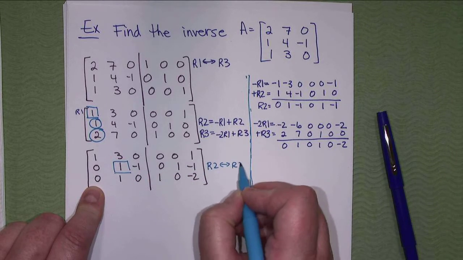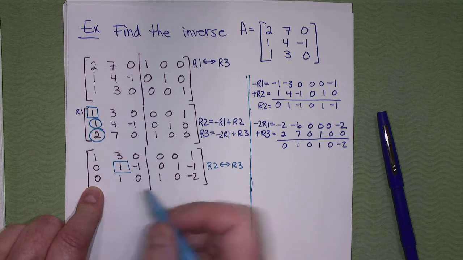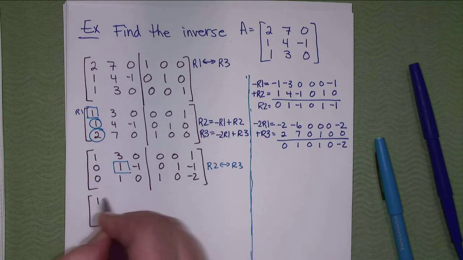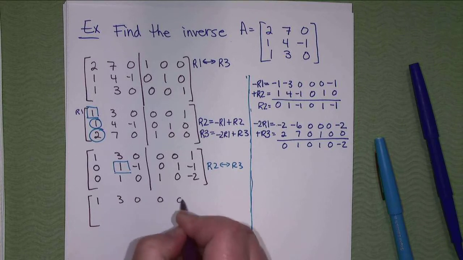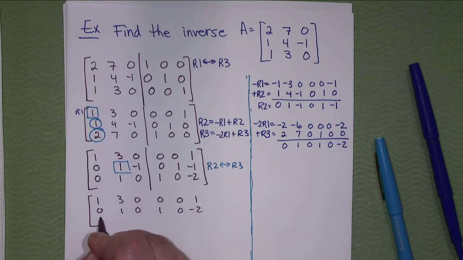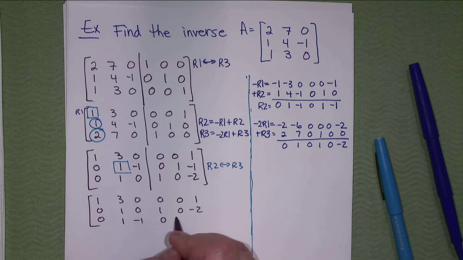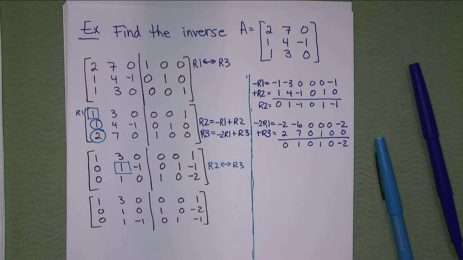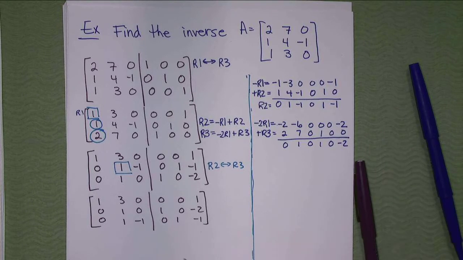That doesn't usually happen, but so all I did was take row 2 and switch with row 3. Don't ever switch with the row above it, though, even if it looks like it might be nicer.